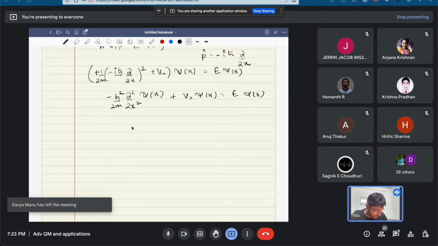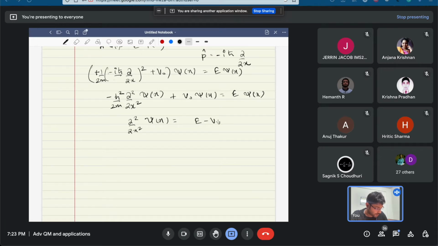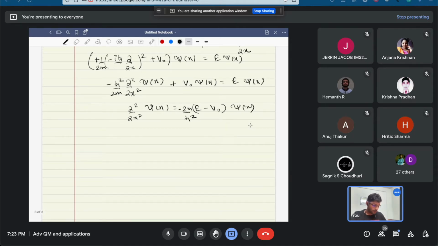So essentially we have del x square psi of x equal to e minus v naught, and we get these coefficients to the other side, minus psi of x.